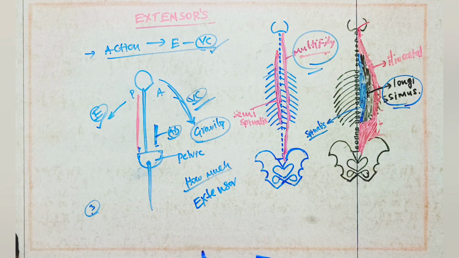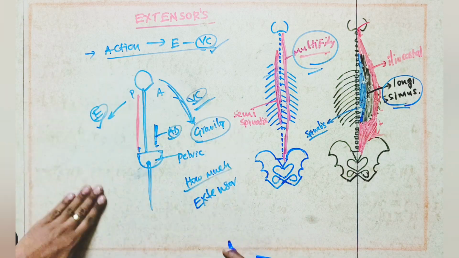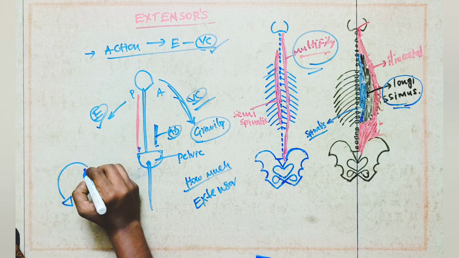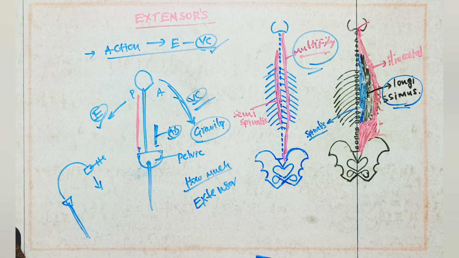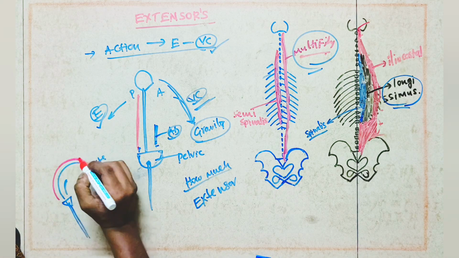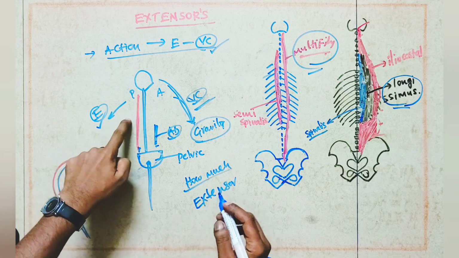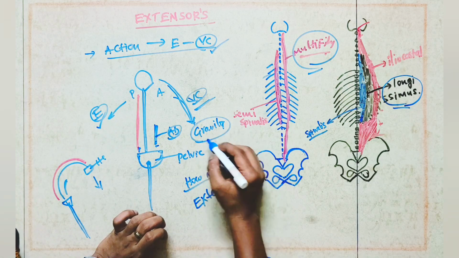What the point means is, when the person is coming into flexion, this is the head, this is the lower limb. The abdominal muscles contract only a little, but the muscles present here, the extensor compartment, control how much range we get in this flexion.